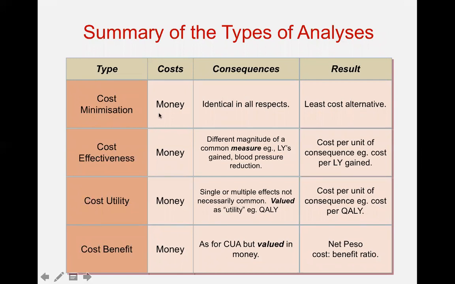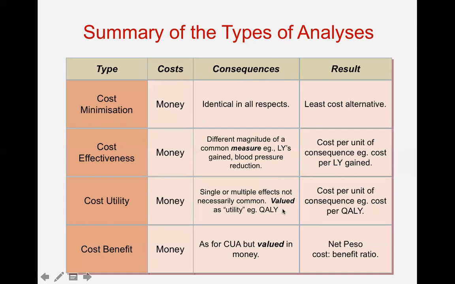Cost minimization, you're looking at the cheaper option because you assume that the effects are the same. In cost effectiveness, you're looking at both the cost and the outcomes, but the outcomes have to be in the same unit in order for you to compare them. And the measures of unit used in a cost effectiveness analysis are usually your biological units, such as life years gained, reduction in HbA1c, reduction in LDL cholesterol, etc. In cost utility, you're also looking at the costs and consequences.